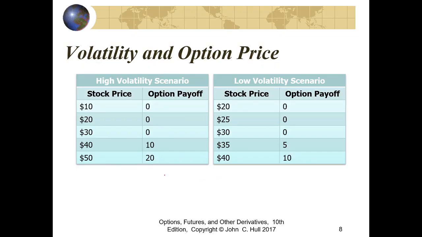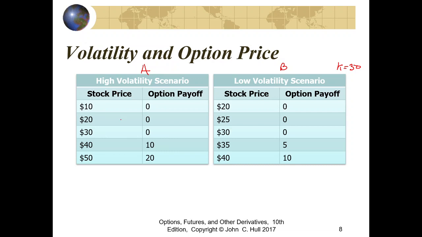Let's take here a numerical example that will also prove that volatility has a positive effect on option prices. Let's assume we have an option written on stock A and an option written on stock B. Both options have the same exercise price, which is 30, so K is equal to 30.